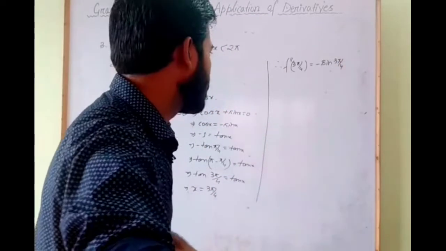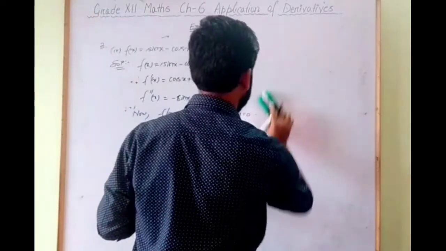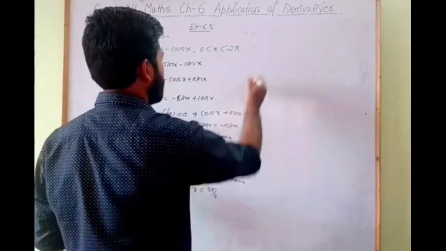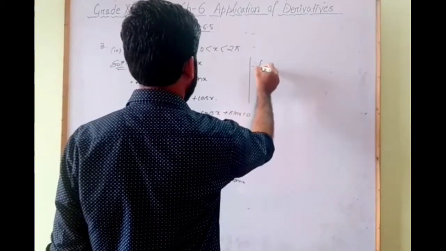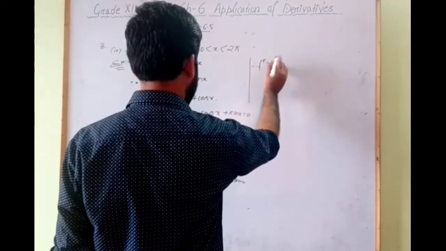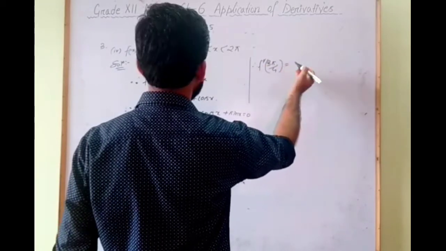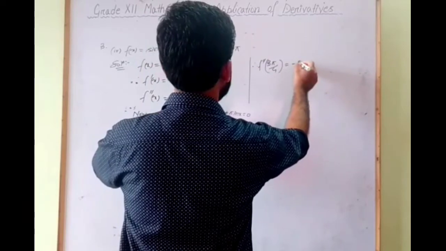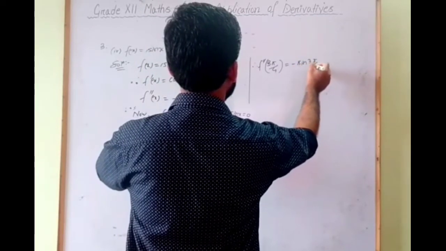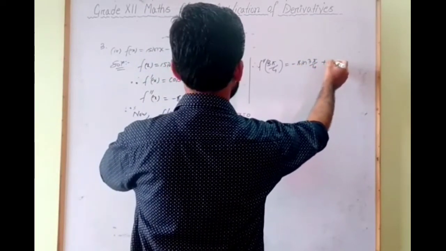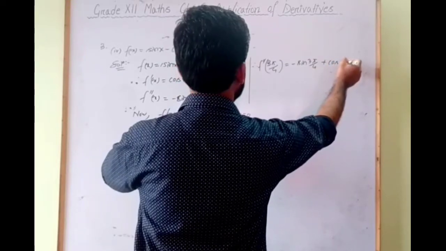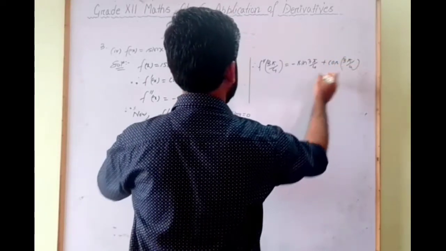Okay, let me write it here. F double dash at the point 3 pi by 4 will be minus sine 3 pi by 4 plus cos 3 pi by 4.